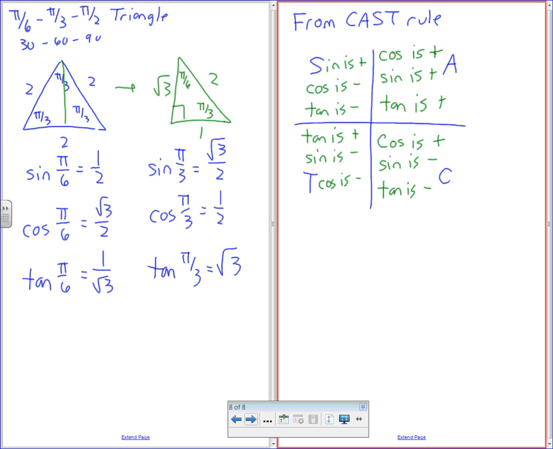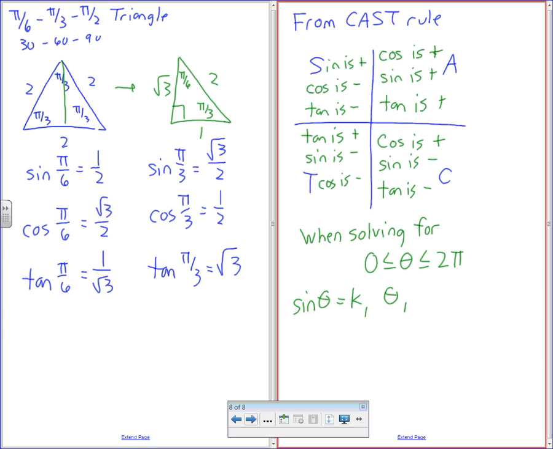I'm going to show you what I do like instead, better than the CAST rule, is this. So if I'm solving an answer in the first quadrant, I say that sine theta equals k.